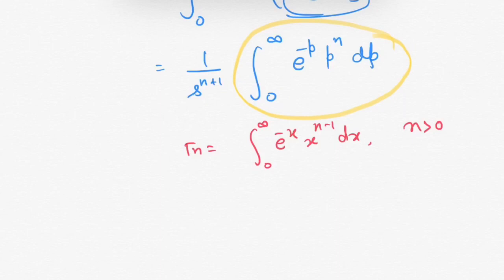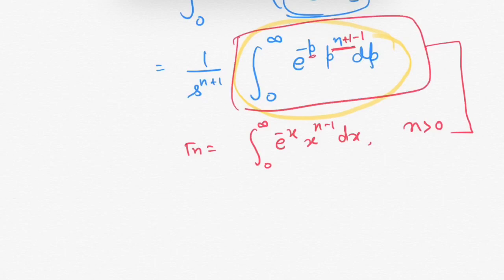When you compare these two equations, you will see in place of x we have p, and here in the power of p there should be minus 1. So I will add plus 1 and minus 1. So this integration will be gamma n plus 1.